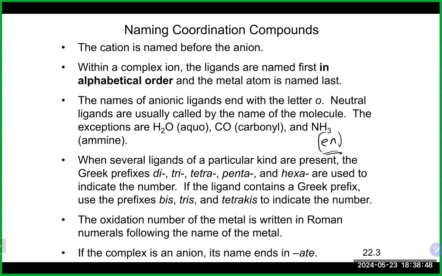If it's positive, we just roll with the regular name like iron, lead, copper, whatever it may be. But if your complex ion is negatively charged, you have to roll with these older school names.